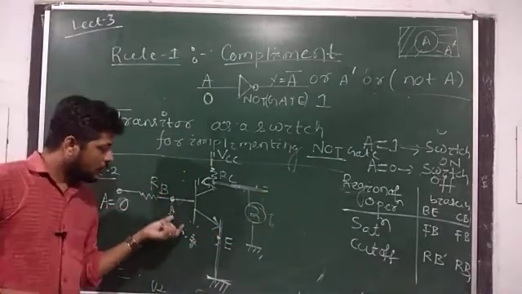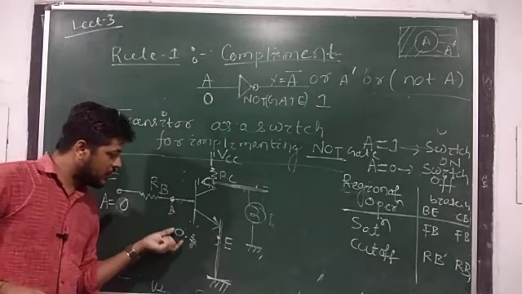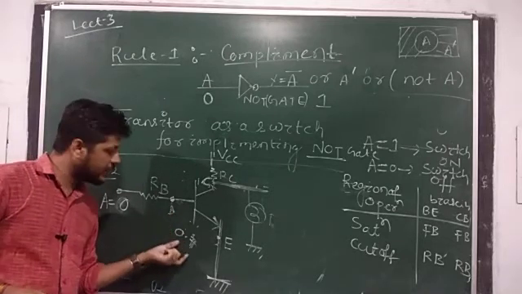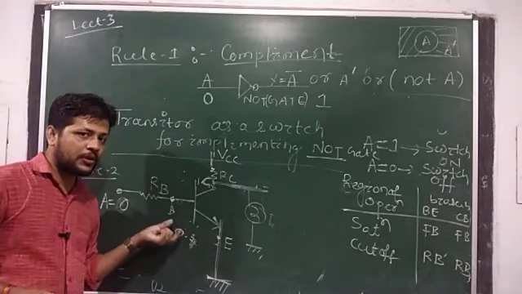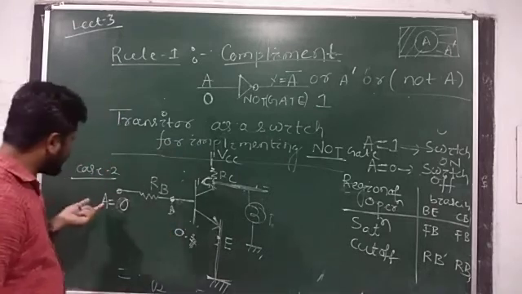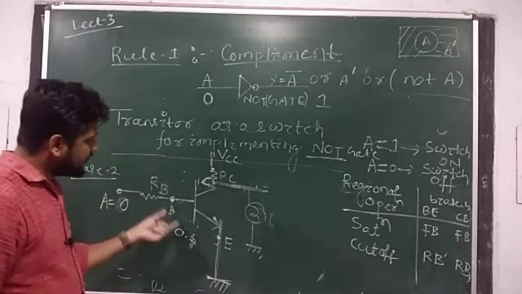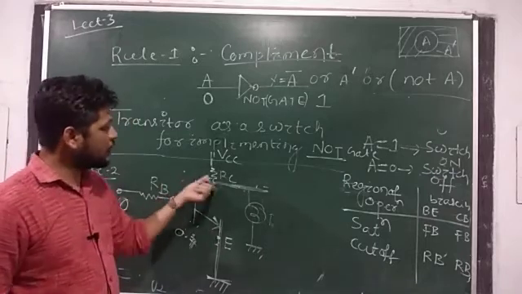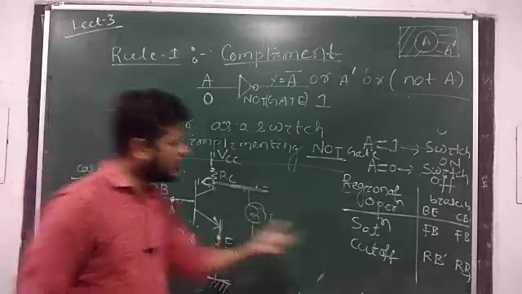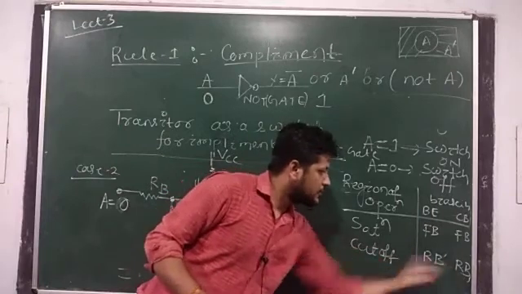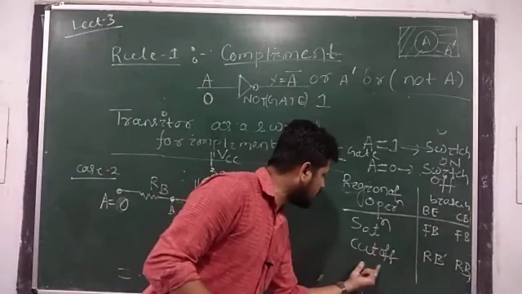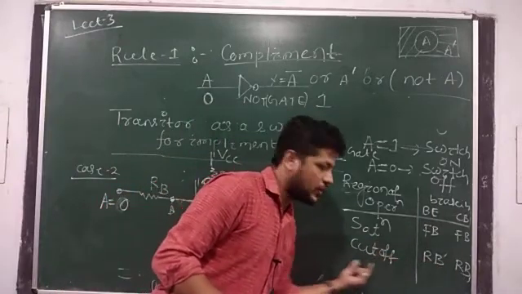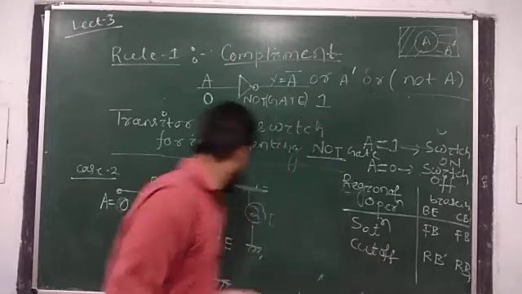In order to turn on the transistor, the minimum requirement of voltage is 0.7 volt, but we are applying 0 volt. Hence this diode will be off, and obviously this diode is off. Off condition in a diode is known as reverse bias condition. So in the reverse bias condition, the transistor goes into cut-off mode.